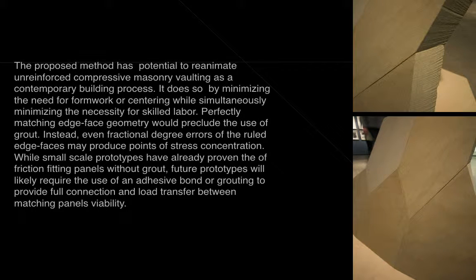So here we see the fragments of these elements assembled. It's perfectly matching and doesn't need any grout. So it's a masonry which is totally seamless, and no loads are transferred between panels and provide full connection.